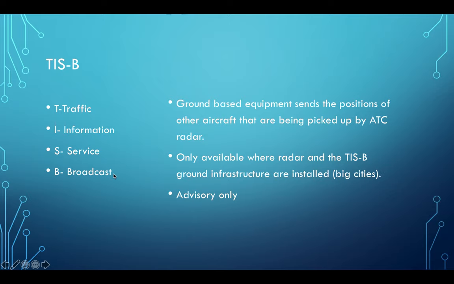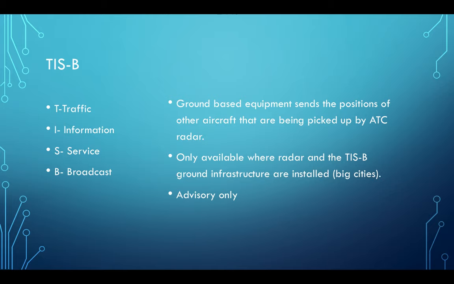TIS-B, Traffic Information Service Broadcast, you can kind of do the math on that. It's pretty self-explanatory. This is a benefit to people who have ADSB in. When you're in an area where there's enough of the ground-based ATC infrastructure, you can actually see aircraft on your GPS that are not equipped with ADSB out.